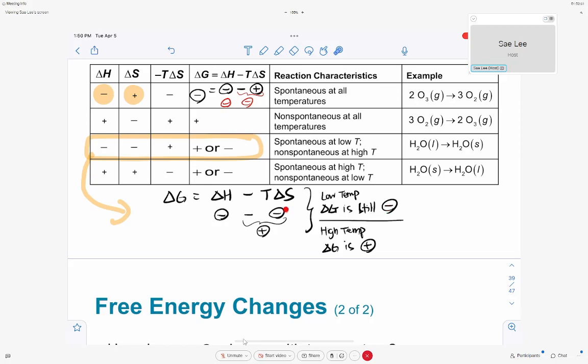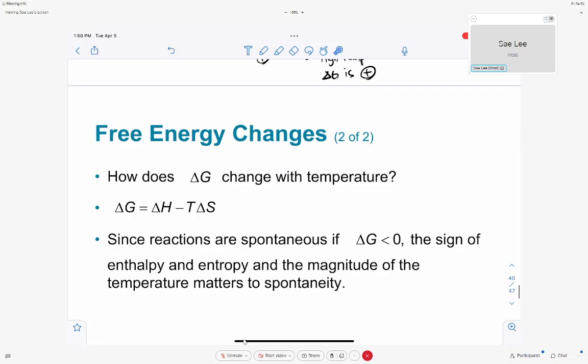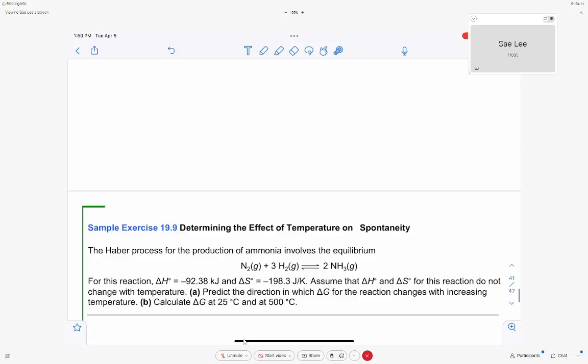If you're adding a large value to this negative enthalpy, then the delta G is going to be positive. So the magnitude of temperature becomes important when you have the same sign for enthalpy and entropy. So this is what I've already discussed.